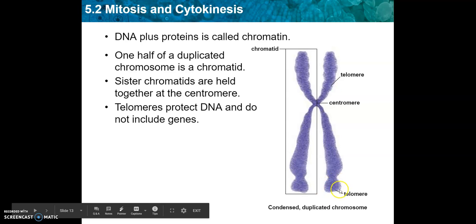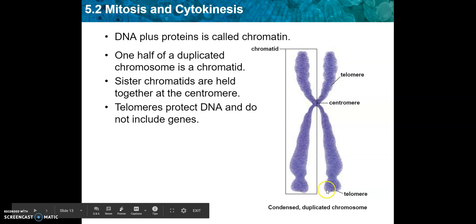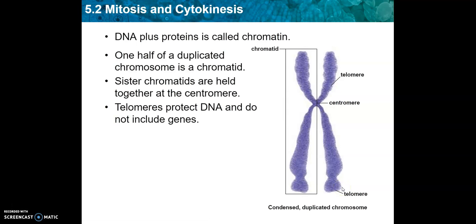There's no genetic material stored here. It serves as kind of a buffer for this chromosome later. Every time the cell divides, you lose a little bit of telomere, like every time you use an eraser, you use a little bit of it until eventually it's gone. And once it's gone, essentially the pencil is useless.